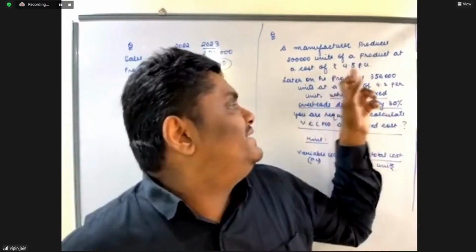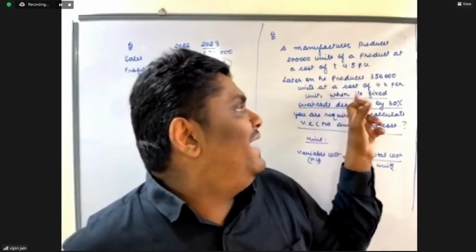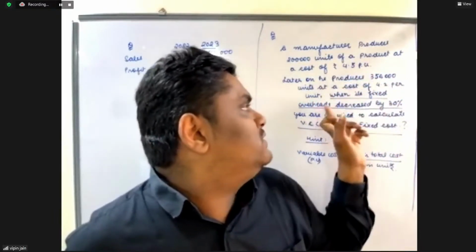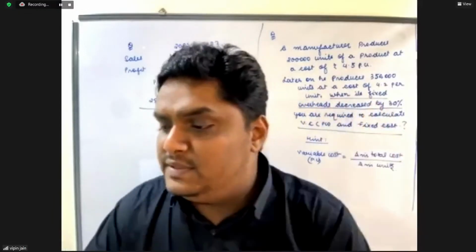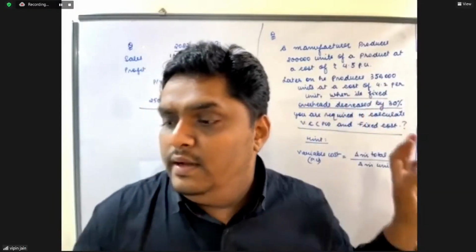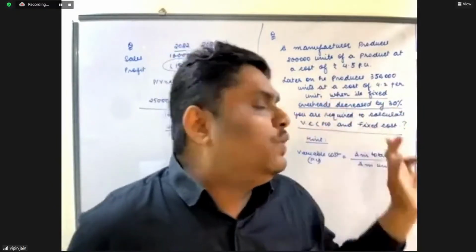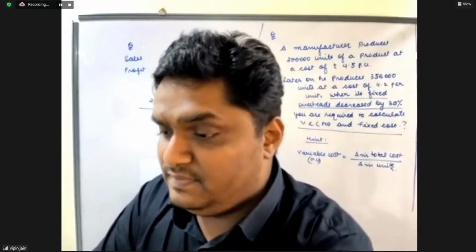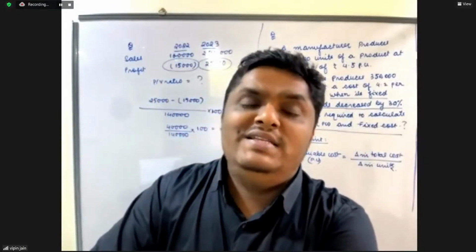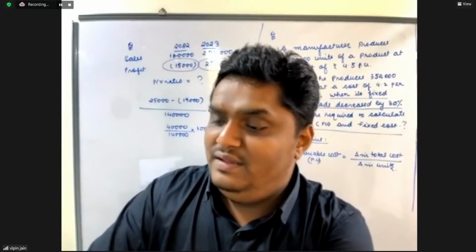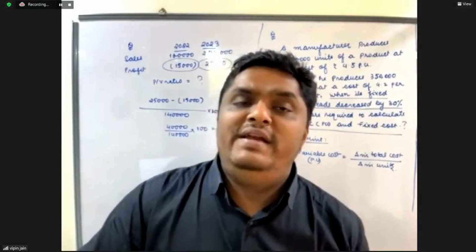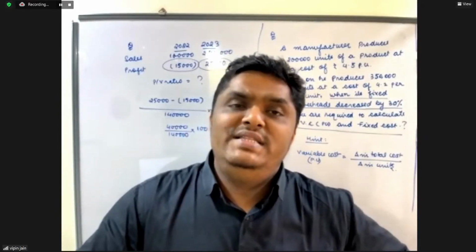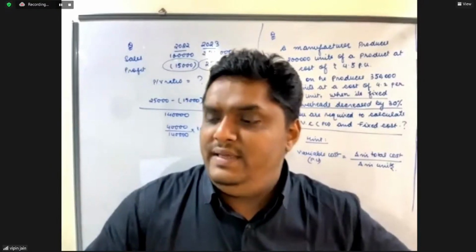Later on, he produces 3,50,000 units at a cost of 4.2 rupees per unit when its fixed overheads decreased by 30%. You are required to calculate variable cost per unit and the total fixed cost. So I hope this part is clear to all. In today's session, we completed the basic concepts of marginal costing. In the coming 2 sessions, we'll be discussing questions relating to decision making.